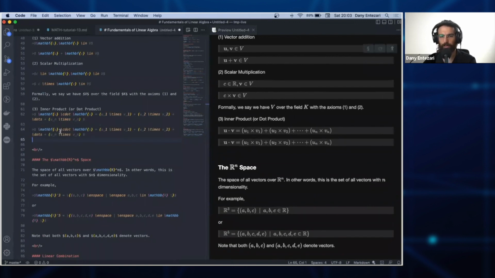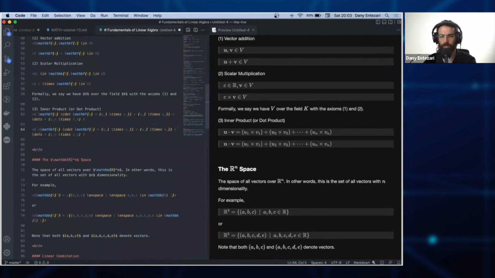So either this one or this one. If you see this notation, that's the same thing as that. Both of these are the dot product. You can call this dot product because there's a dot in here. You can call this inner product because, well, they're inside the brackets.